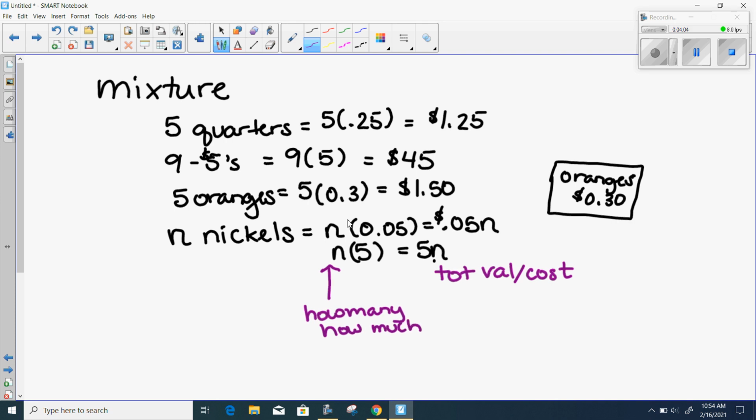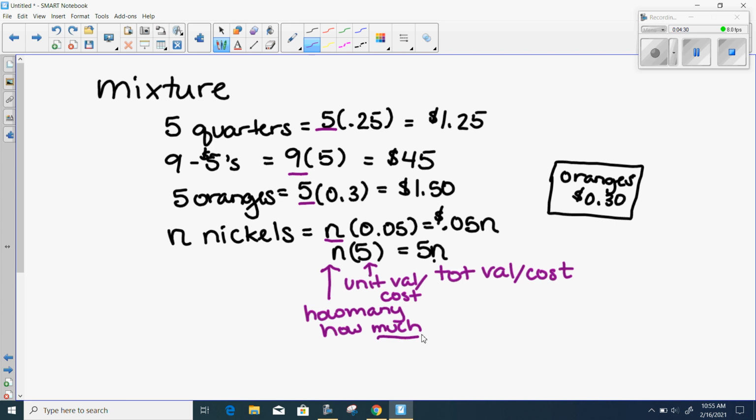So I had 5 quarters, 9 fives, 5 oranges, and N nickels. How many or how much, times the unit cost or value. I'll say value or cost because that's the order I wrote it on the right. That product gives me the total value or cost. All of these problems here are how many: I had 9, I had 5, I had 5, I had N.